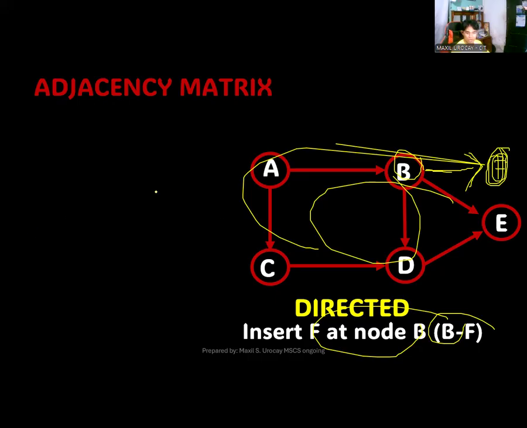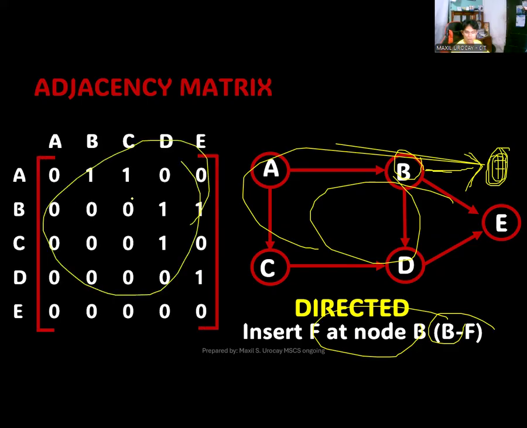Suppose your adjacency matrix is this one. You can refer to the previous video on how to get the adjacency matrix. In the representation here, you will just add the F column and row. Since your direction is B to F, only B to F will be updated to 1.